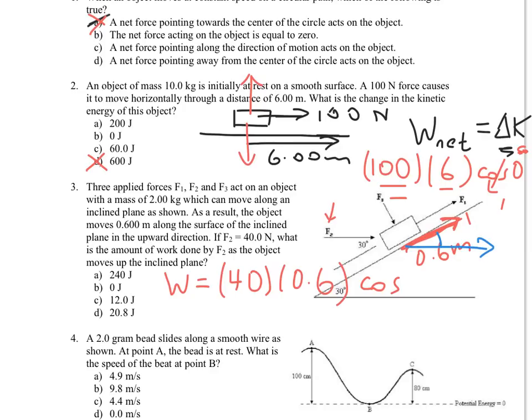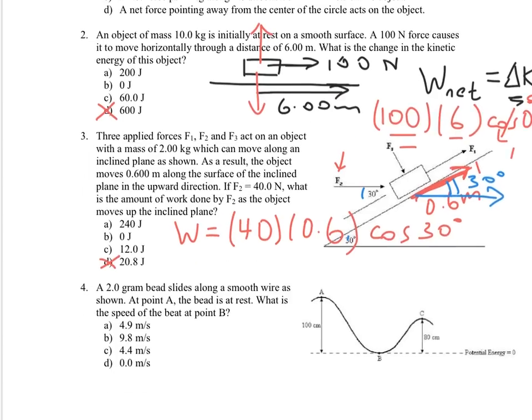So the angle between the two vectors, if you look at this angle, they tell you it's 30 degrees here. So you know this is 30 degrees. So this would be cosine of 30 degrees. And if you go to your calculator and work this out, it'll be 20.8 joules.